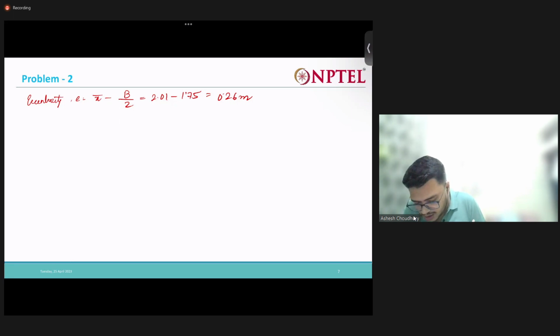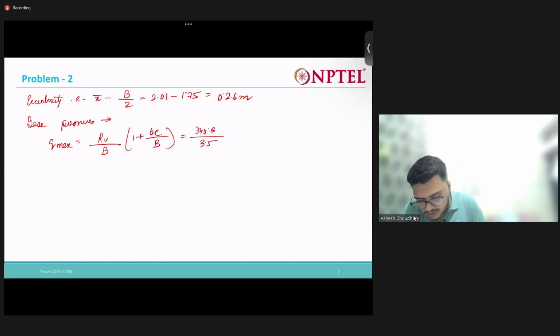Next we have the maximum and minimum base pressures. So Q max is nothing but RV by P 1 plus C by P. So it will give me 340.8 by 3.5.